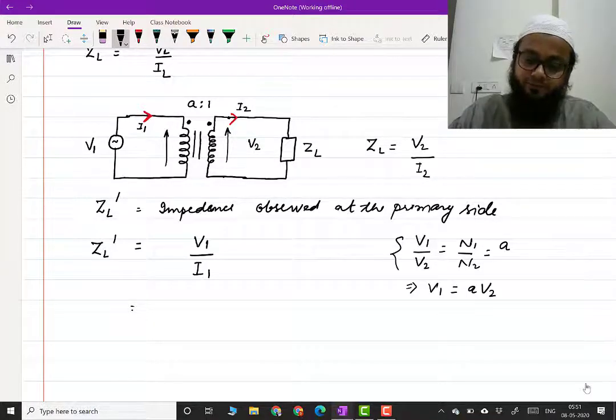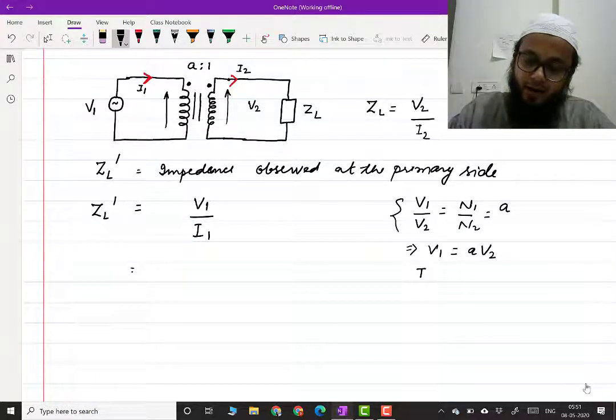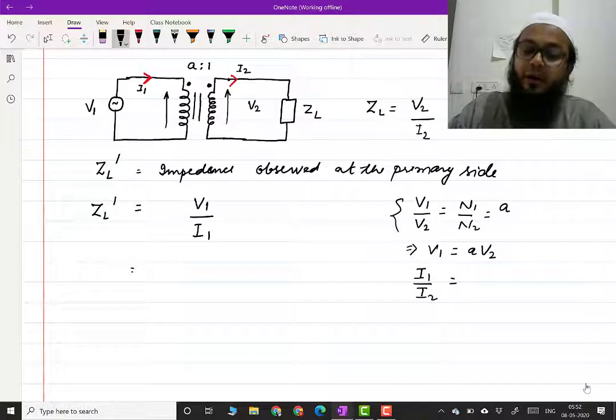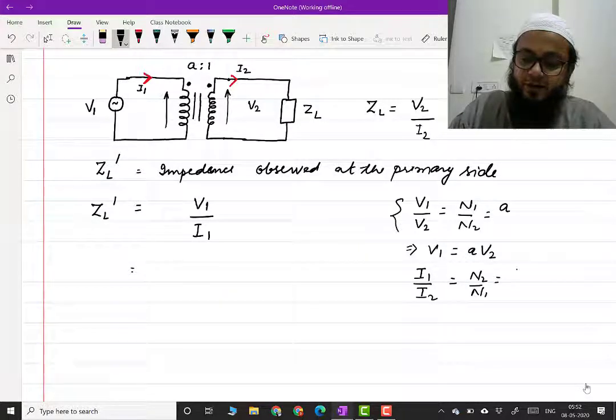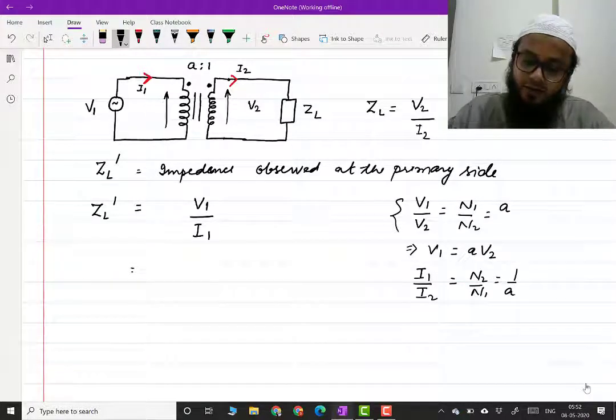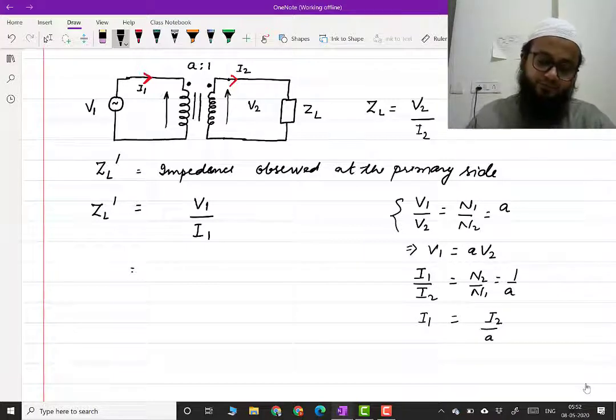And what about I1 by I2? This is 1 by A, or N2 by N1. So I1 is actually I2 by A.